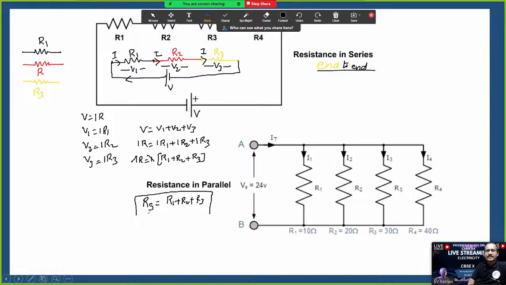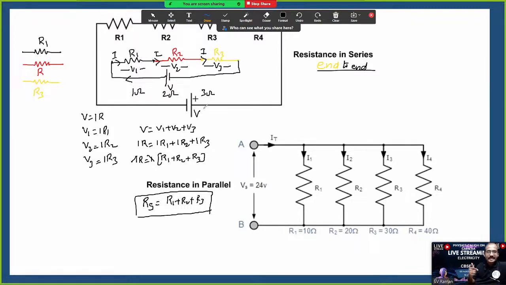So what does this mean? There is a doubt: why do we connect in series, and for what purpose? I'll explain in the easiest way. Let's say 1 ohm, 2 ohm and 3 ohm are the three resistors we connected in series.